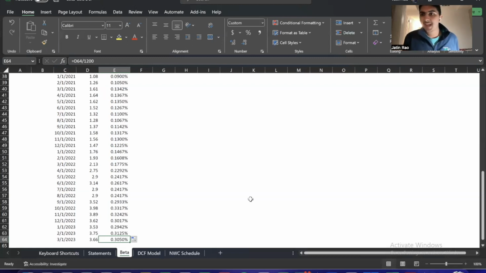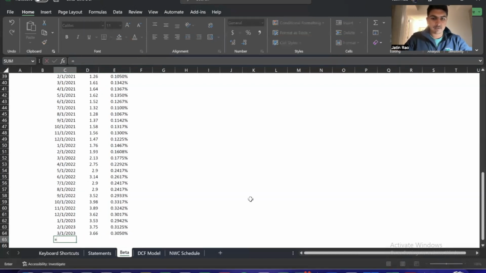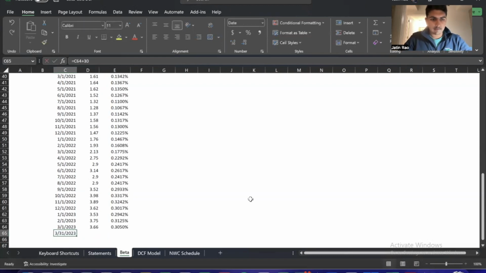Well, we can't really observe the true value of the risk-free rate for April. So what we're going to end up doing is, if I do this plus 31, for 4/2023, the risk-free rate, we're just going to say our best approximation of that is the previous month's risk-free rate.